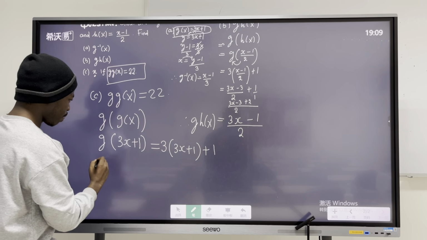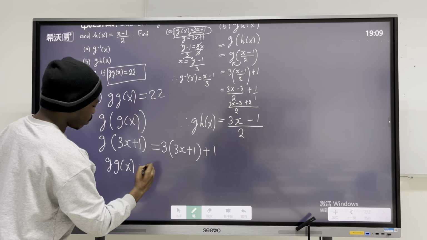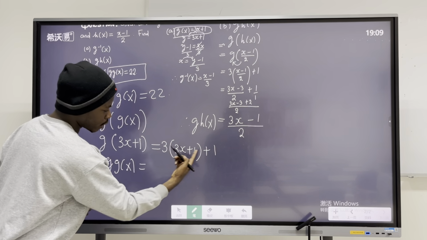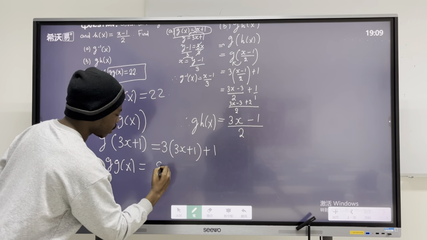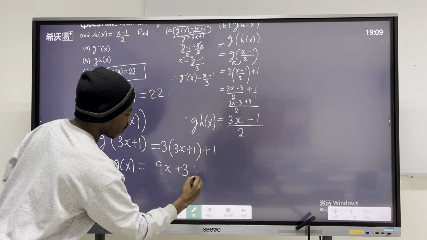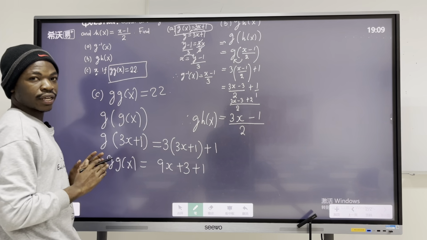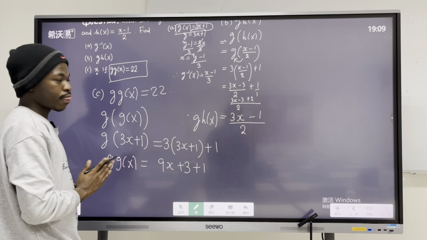So it means that our g of g of x we now find is equal to, we can expand this, multiplied by that, 9x, this 3, then we have plus 1. Now what they've told us is this g of g of x is actually equal to 22.